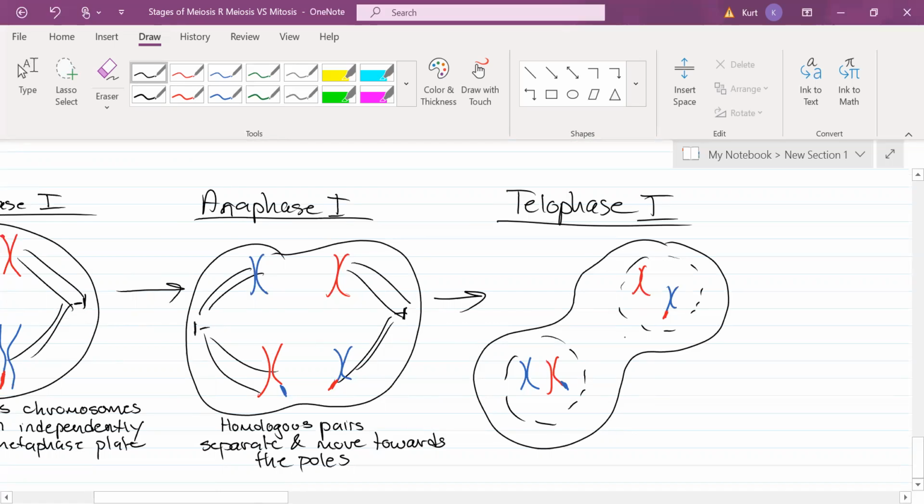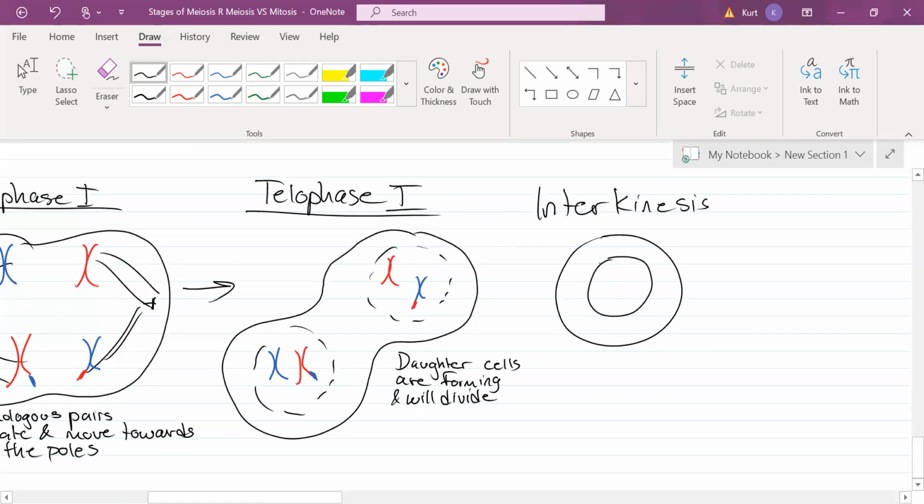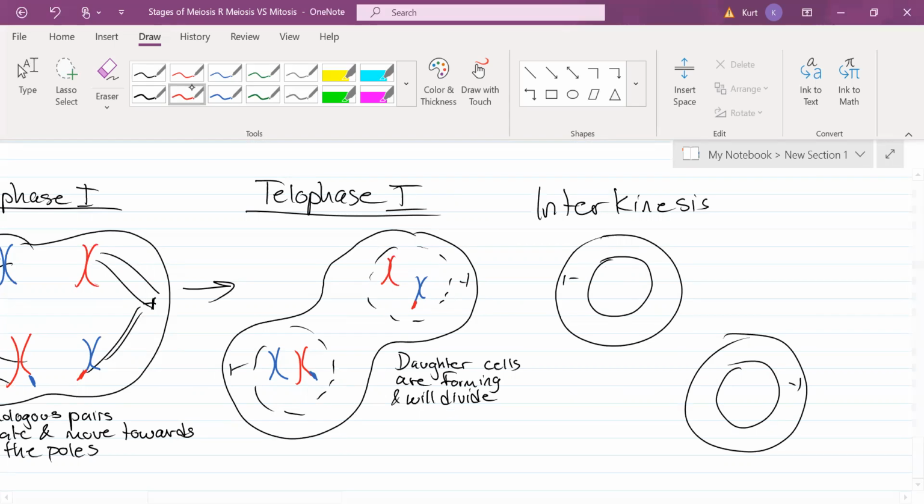So telophase 1, daughter cells are forming, and we'll go on to divide again. Okay, and then you have interkinesis. You have two new nuclei.